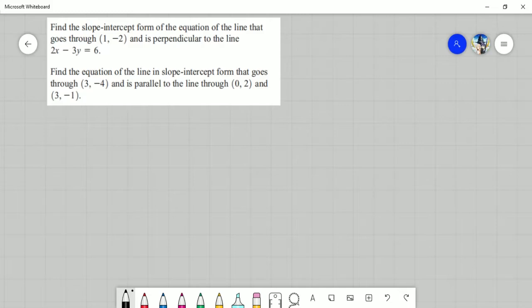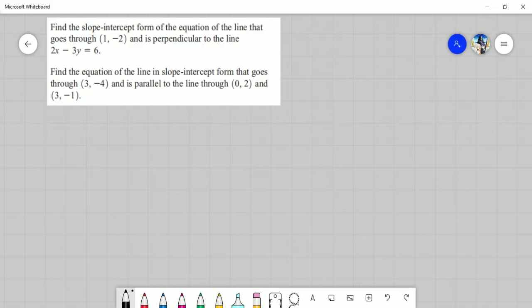So first, parallel. Like in the previous one, our key term was perpendicular and we had to figure out what that meant in regards to the two slopes of the lines. Same case with this. Our key term is parallel, so we need to know the correlation of the slopes between two lines that are parallel to each other.